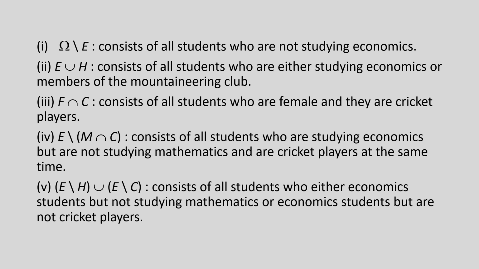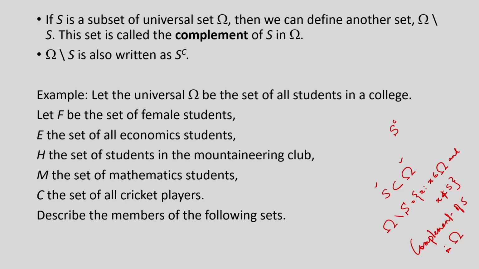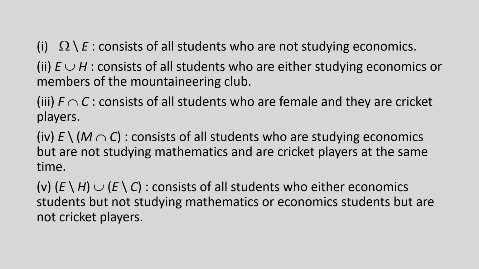F intersection C, what was F? F is the set of female students, C is the set of all cricket players. It consists of all students who are female students and at the same time cricket players. So, F intersection C are female students who are also cricket players.